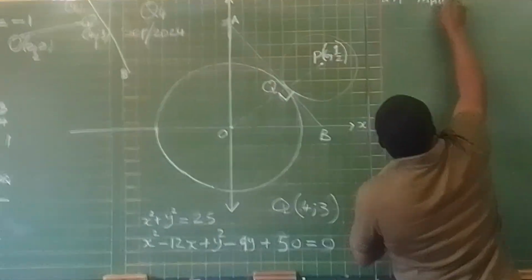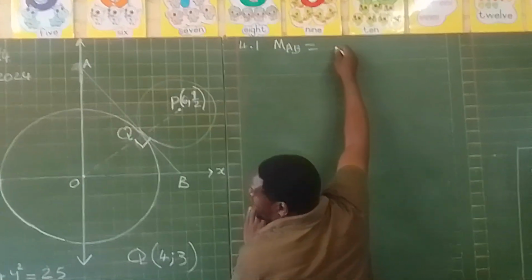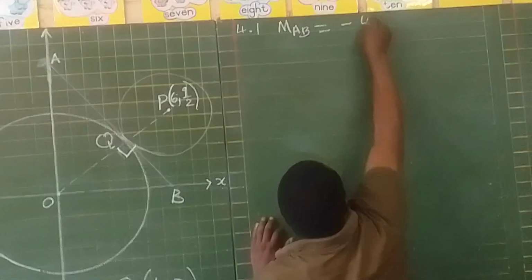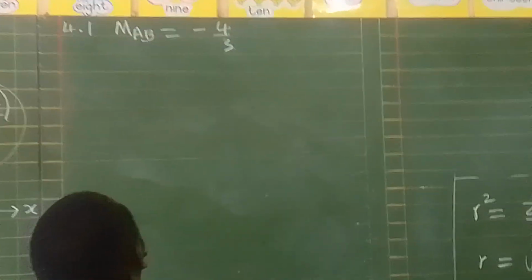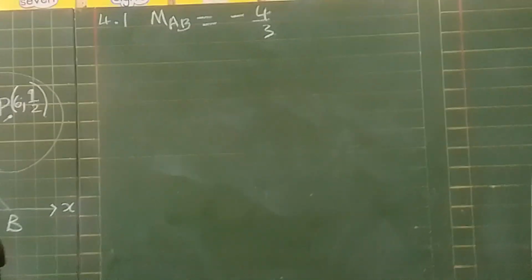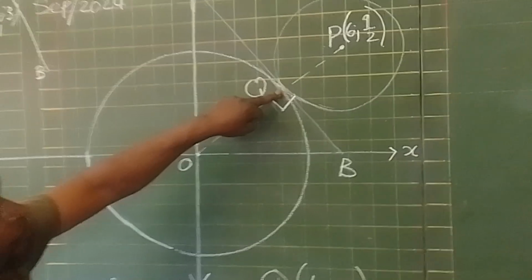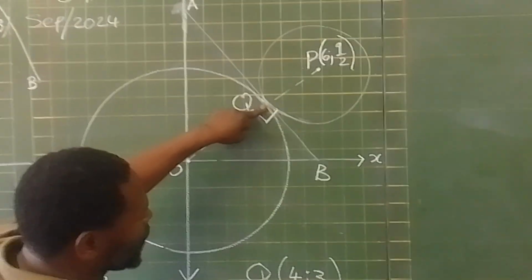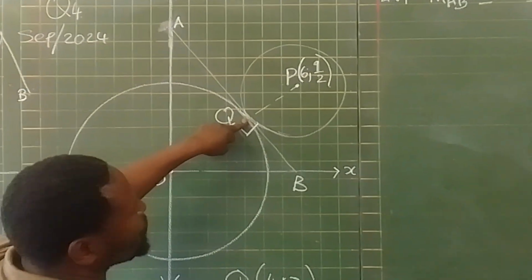m_AB here is calculated to be minus 4 over 3. Now, we have one point here. This one point is Q, (4; 3).